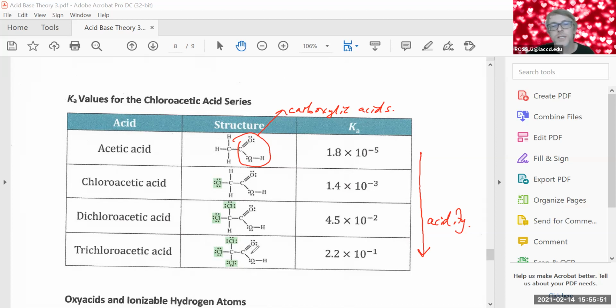Because we're essentially stabilizing the conjugate base. So what's increasing down here is the conjugate base stability. As the conjugate base stability increases, the acidity increases.